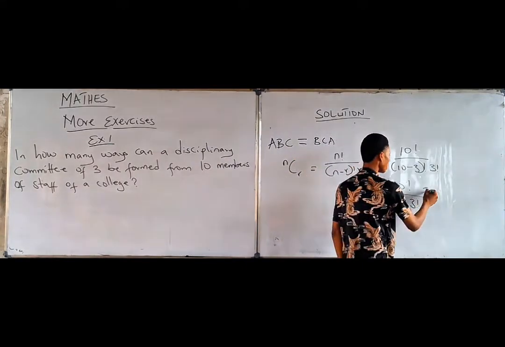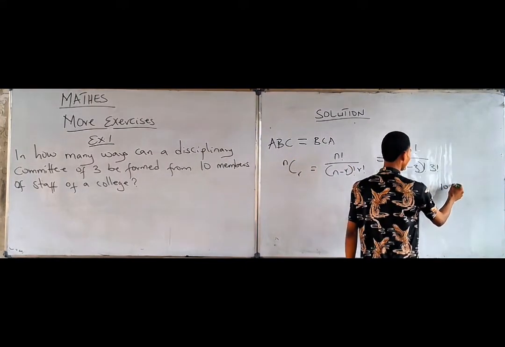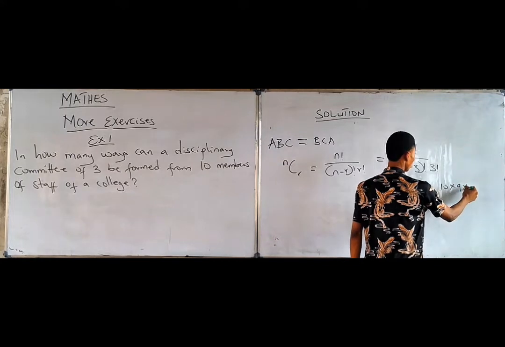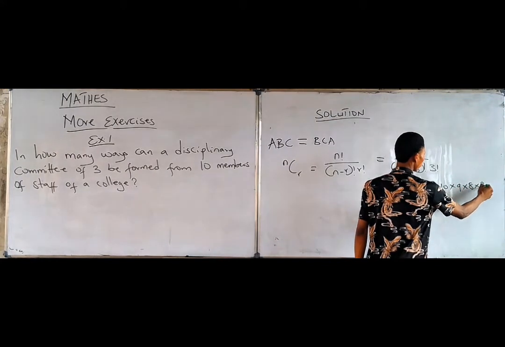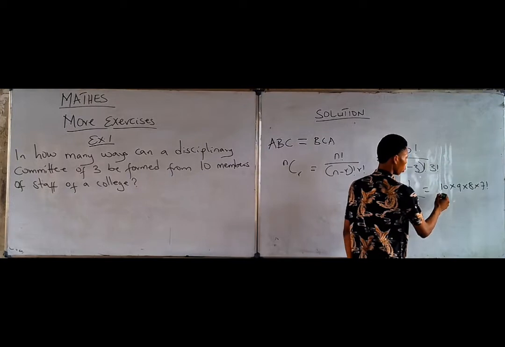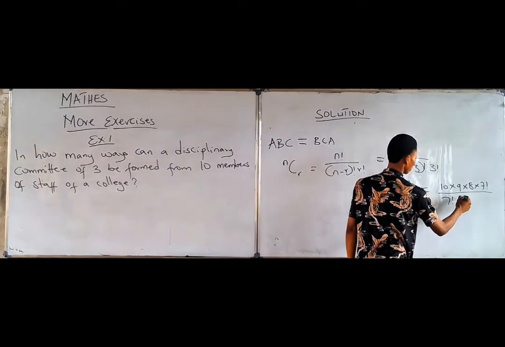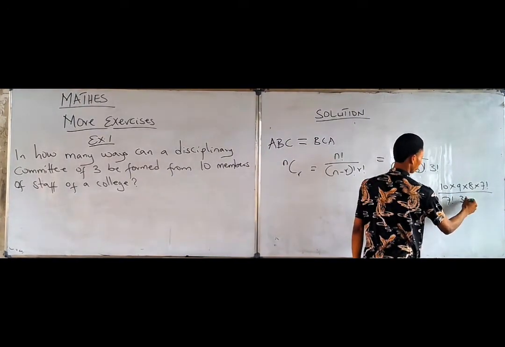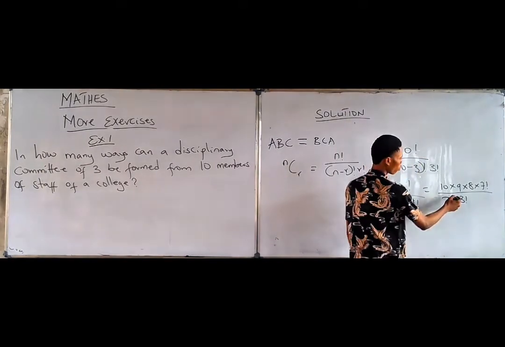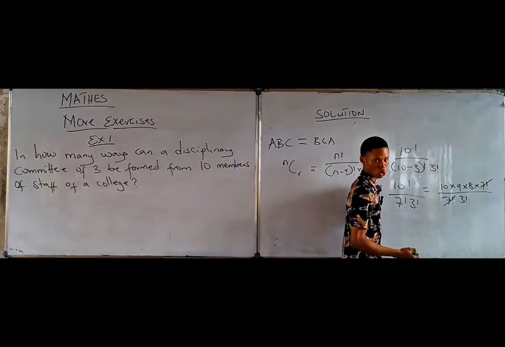So here you can say 10 factorial is same as 10 times 9 times what? 8 times 7 factorial, right? All over 7 factorial times 3 factorial. Is it not? 7 factorial can cancel 7 factorial out.